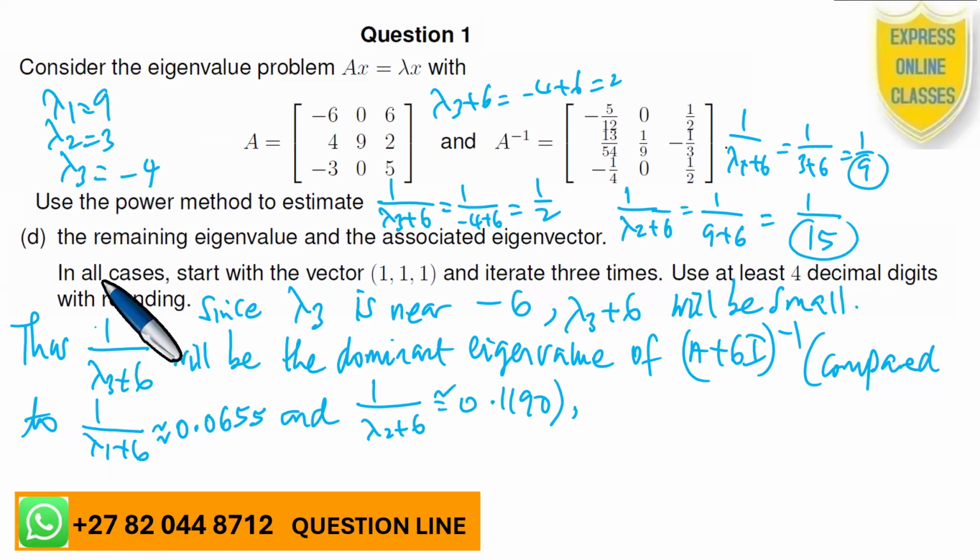Okay, you can switch them around. This doesn't really matter. But it is very important to be consistent as we make the choice. So lambda 3 is going to be 2, but now the lambda 2 is going to be 3 plus 6, which is 9, and lambda 1 is 9 plus 6, 15.